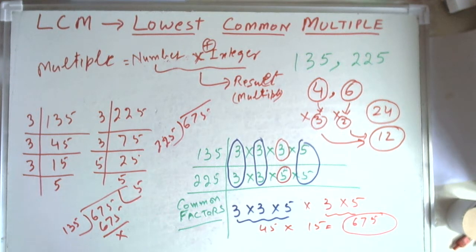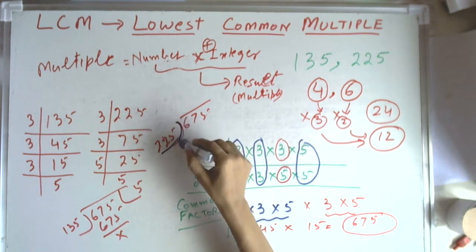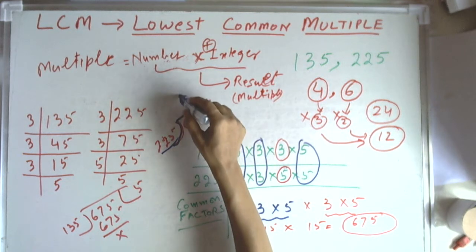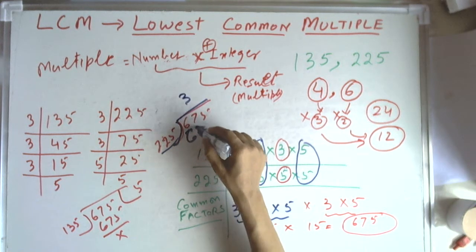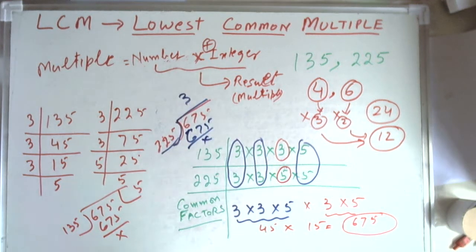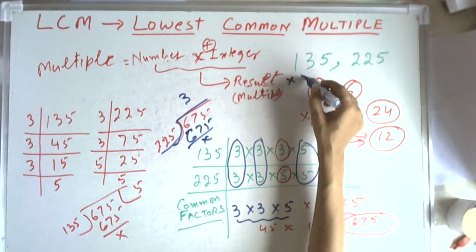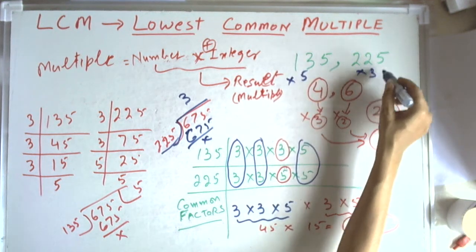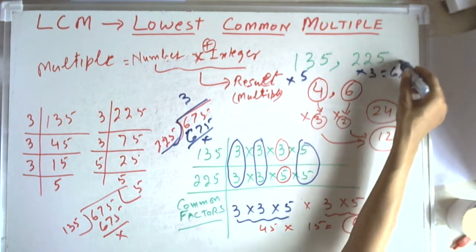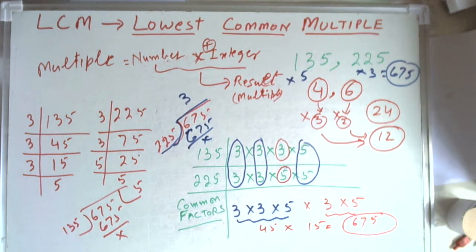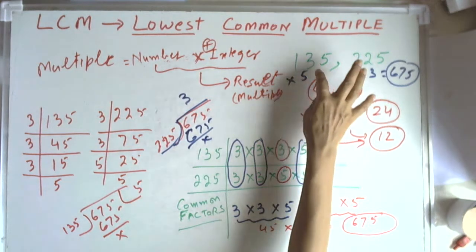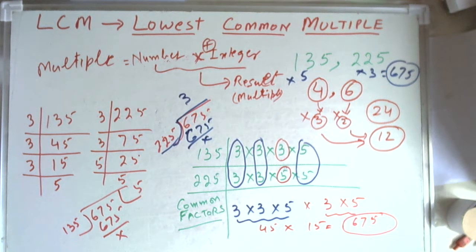I'm using different colors so that it doesn't confuse you. We get fully divided, with the division by 3. So it means 135 multiplied 5 times, and 225 multiplied 3 times, we are getting 675, and this is the lowest common multiple. There isn't any number lower than 675 which will be a multiple of both 135 and 225.